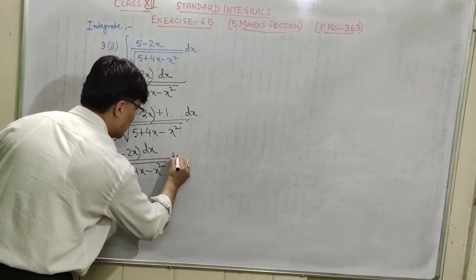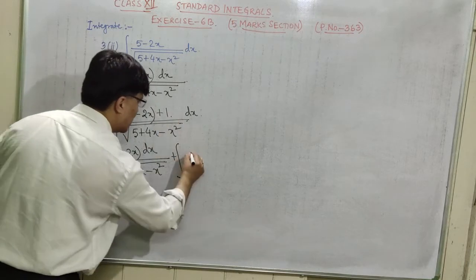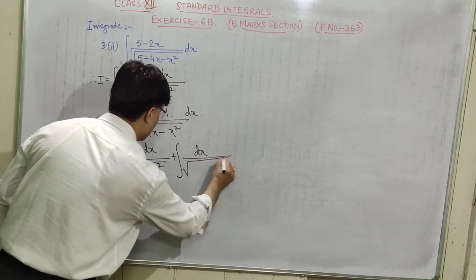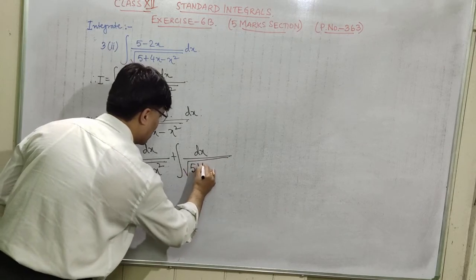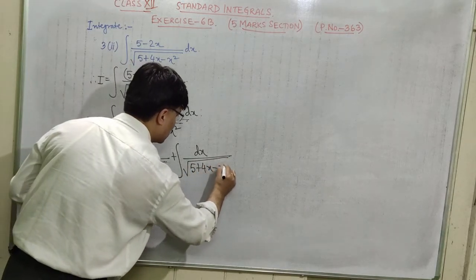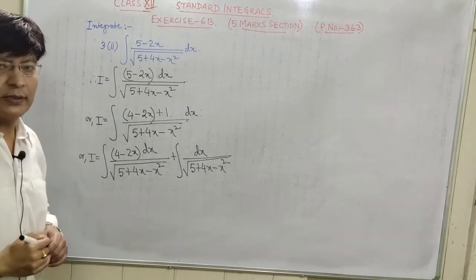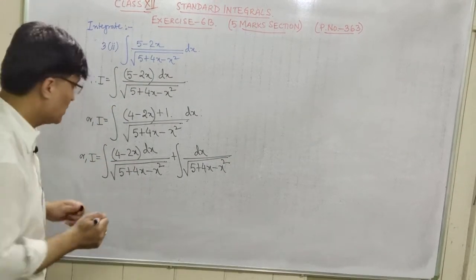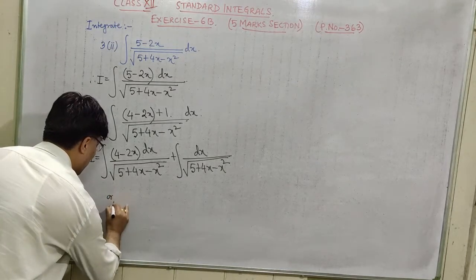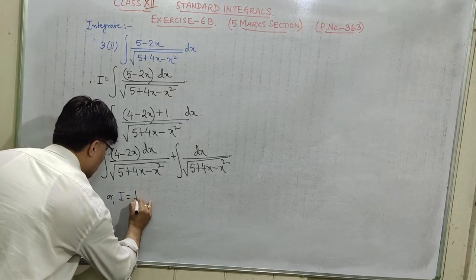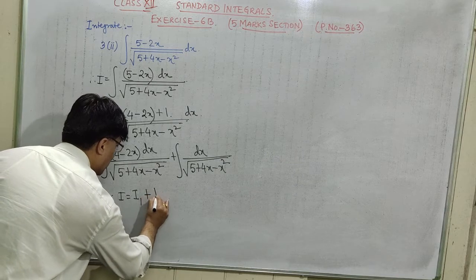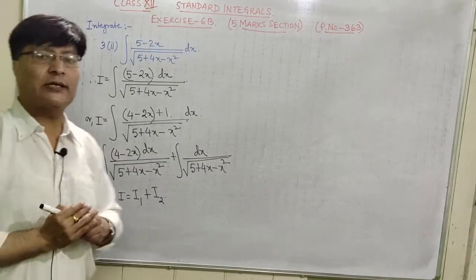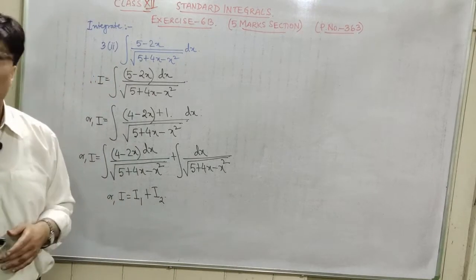Plus sign is there, plus integral sign 1 into dx is dx divided by root over 5 plus 4x minus x square. Is that clear? So let us write it as I1 and I2. So first integration as I1, so I is equal to I1 plus I2.